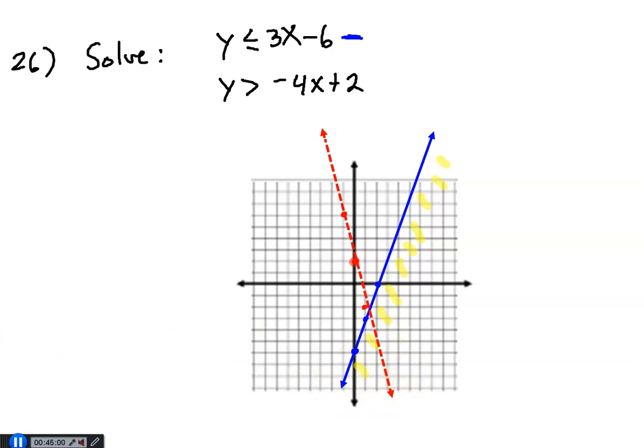So what we're interested in is where the two shadings collide: below the blue, but at the same time above the red. So we're talking about, I'll just do it with this color, everything above the red dotted, but at the same time below the blue solid.